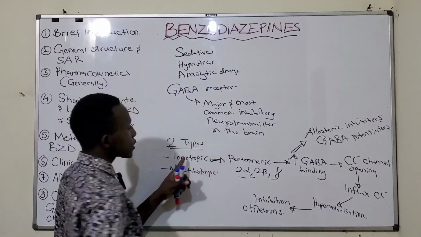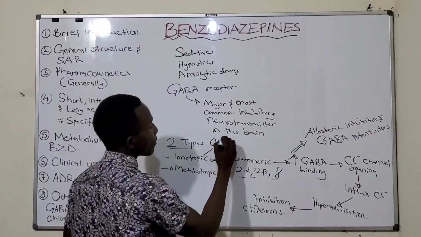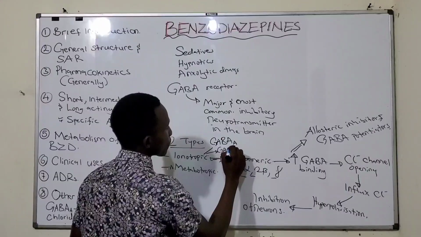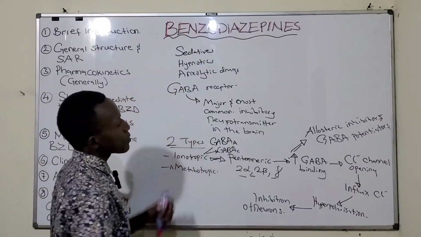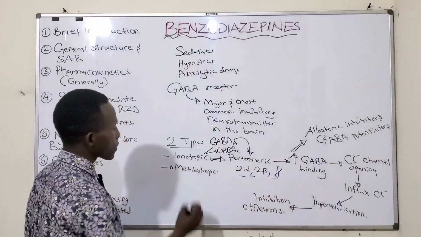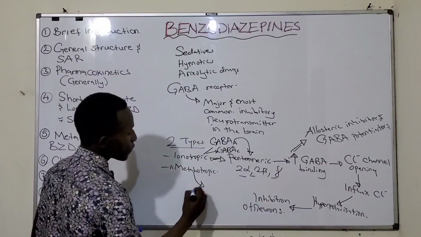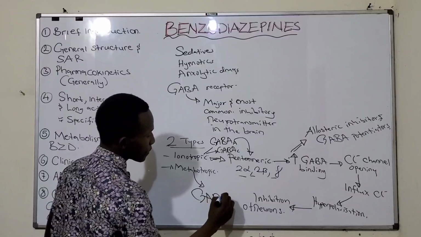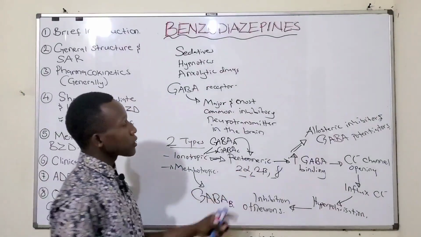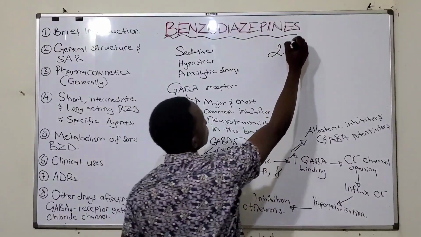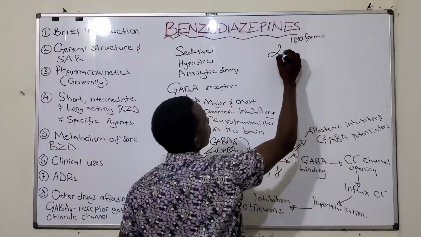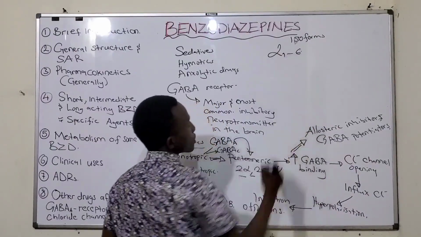What I'd forgotten: the ionotropic has the GABA A and GABA C. Benzodiazepines bind at GABA A, which is the pentameric one. Then the metabotropic has the GABA B. When it comes to these pentameric subunits, alpha has isoforms, from alpha 1 up to alpha 6.